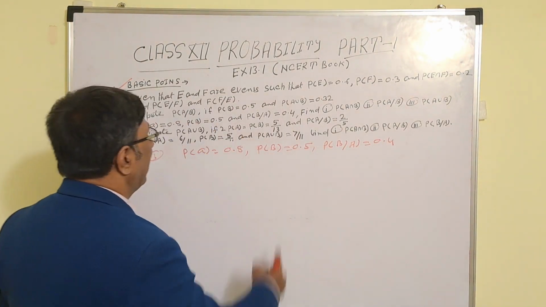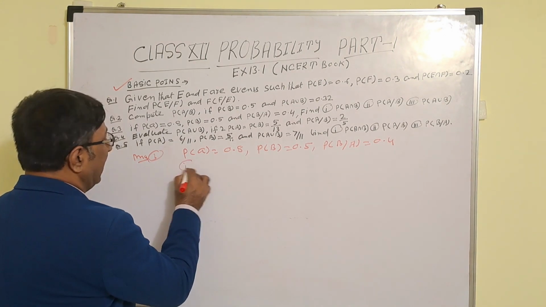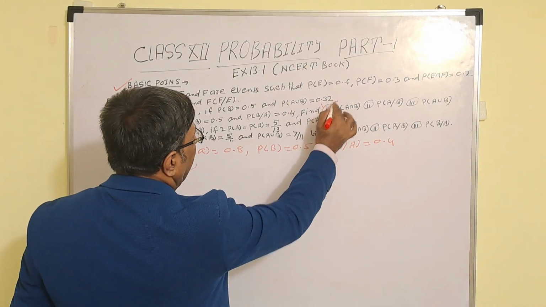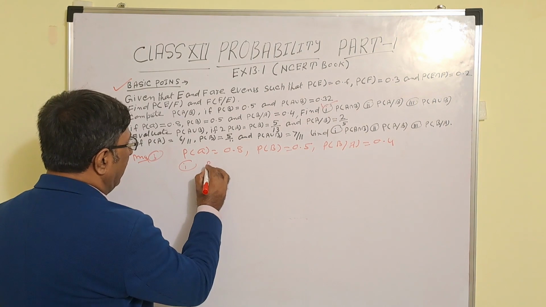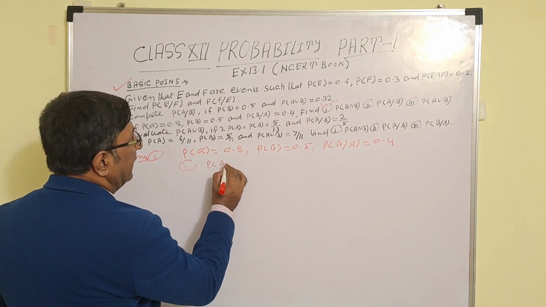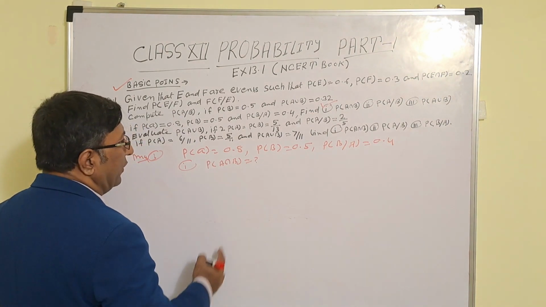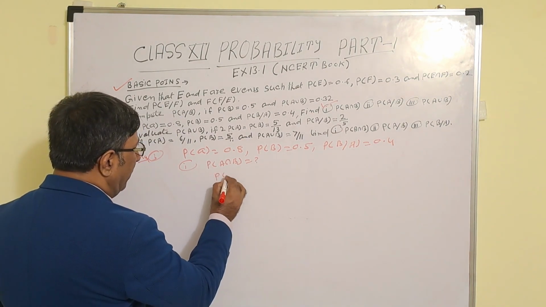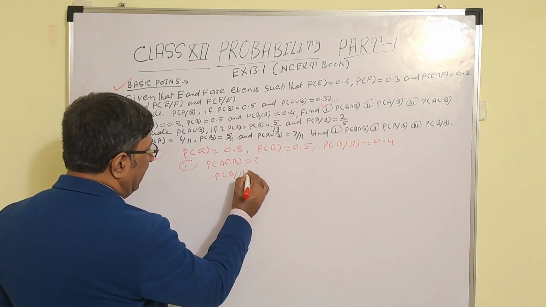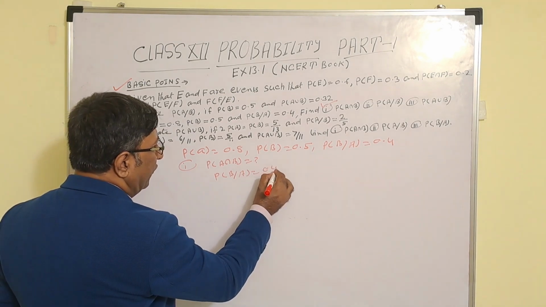Now we have to find the first part. So what is the first part? This is the first part: probability of A intersection B. This we have to find. So we know it is given that probability of B by A is equal to 0.4.